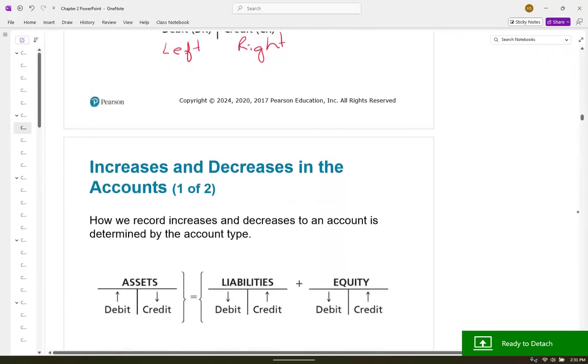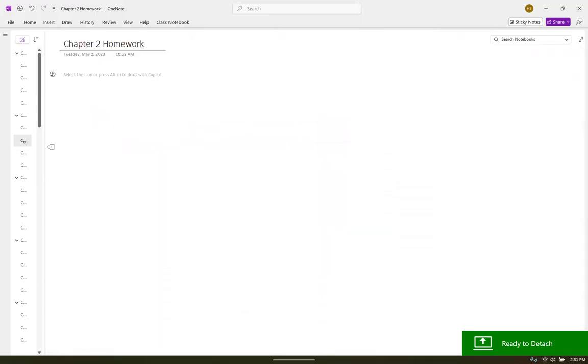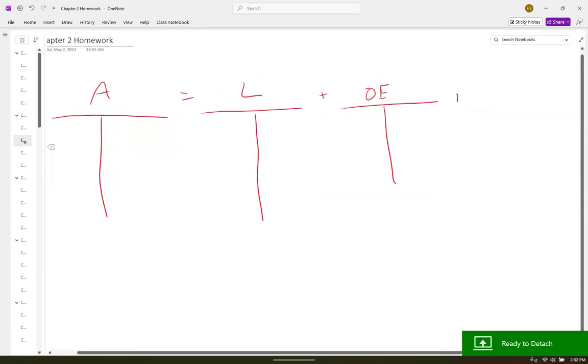All right. So I am going to come over here and draw the accounting equation out again in T accounts. You'll see the reason I do it this way in just a second.